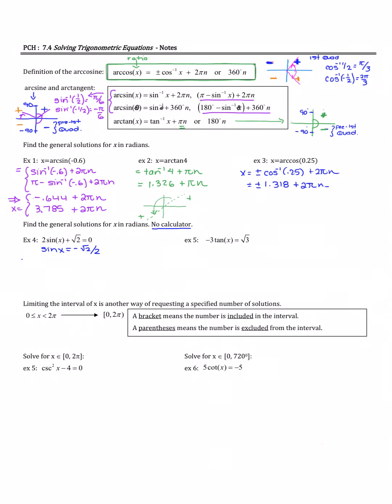All right, so in the interest of space, I'm just going to go straight to, this is going to be the inverse sine of negative rad 2 over 2 plus, I guess I'm doing it in radians, and then pi minus the inverse sine of negative rad 2 over 2 plus 2 pi n. All right, so we have to evaluate that.